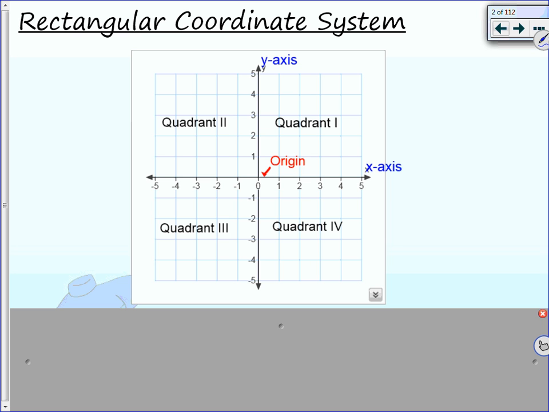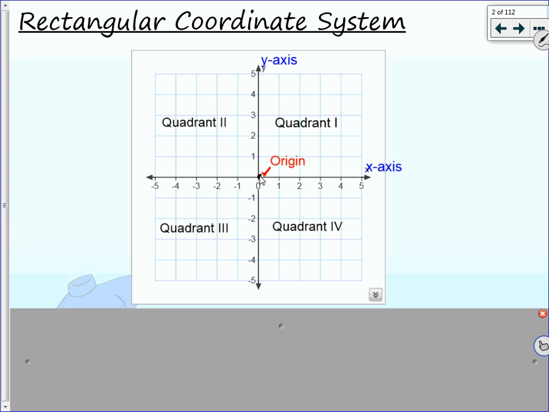We have the x-axis, which is generally always horizontal, and the y-axis, which is generally always vertical. Where they intersect, we call the origin. It's called the origin because when you graph points, that's where you start. That's where you originate.